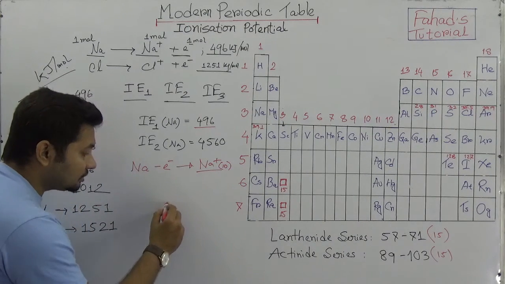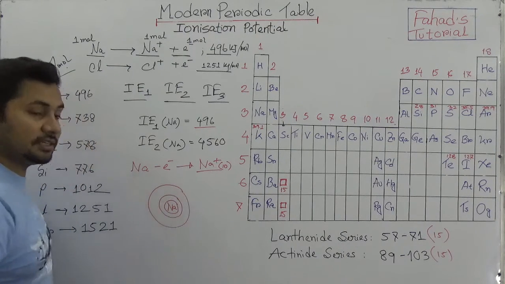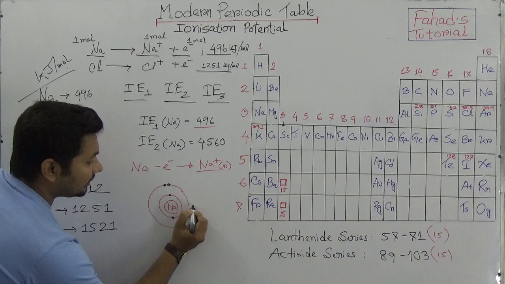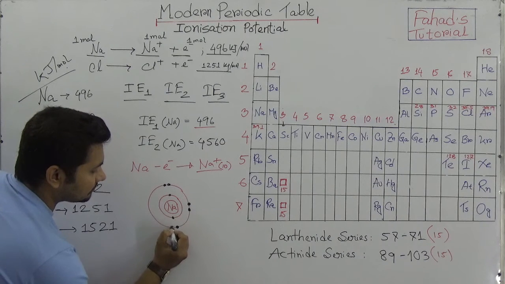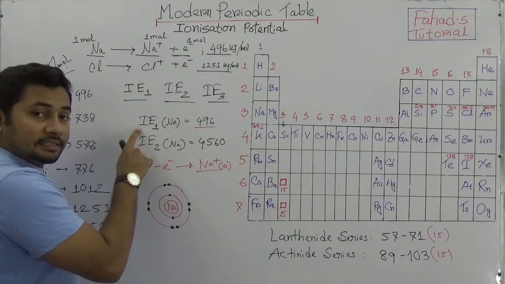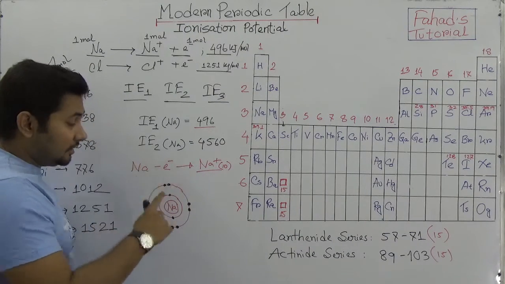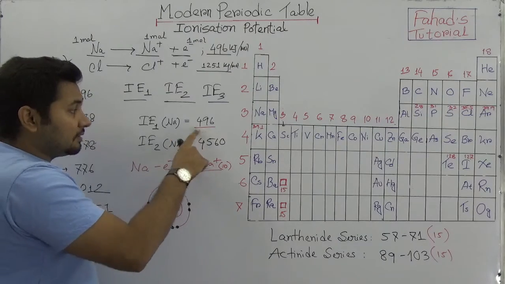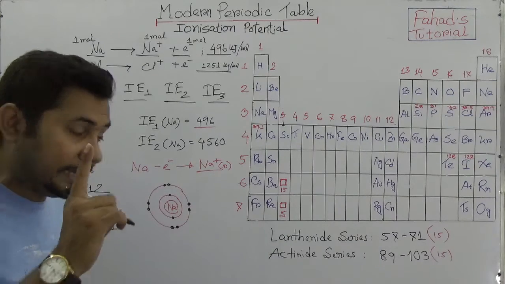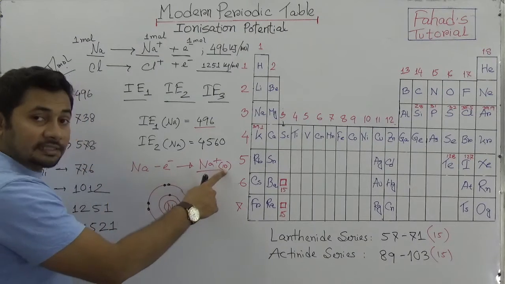That means 2 electrons in the first shell and 8 electrons in the second shell. After ionization energy 1, you have already removed the last electron from the third shell, and after losing 496 kilojoule per mole of energy, sodium has only 10 electrons.